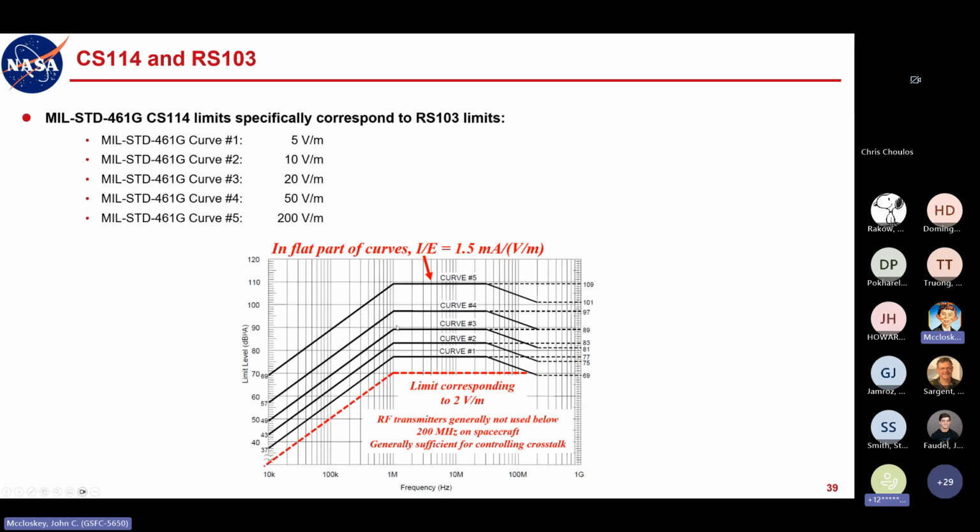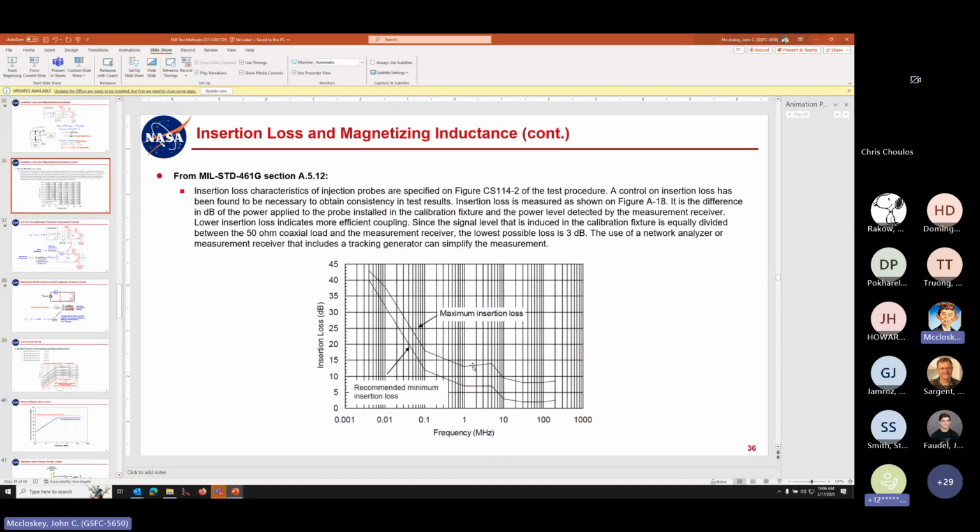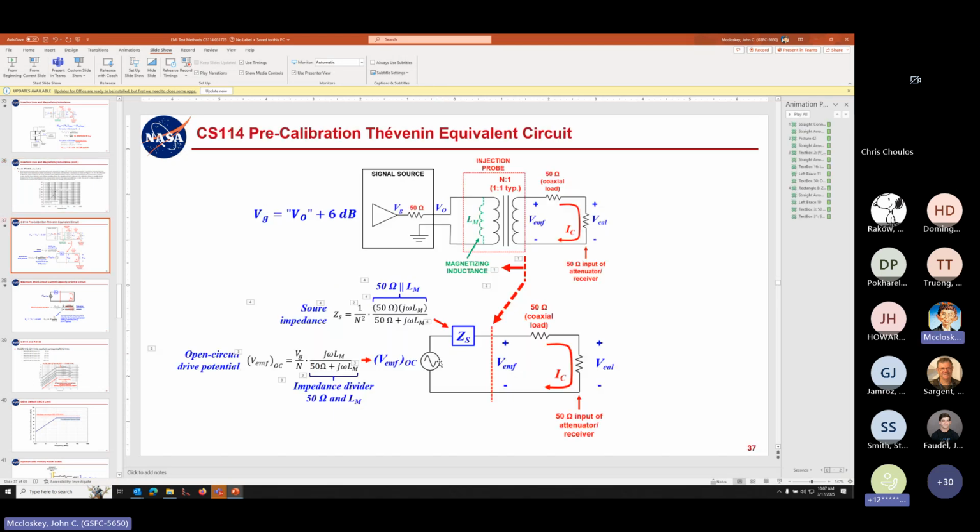And that happens to be about where the knee in the curve is for the insertion loss of your typical probes. In fact, to use a probe for CS114, it is supposed to fall in this range here. So that all just kind of falls into place.